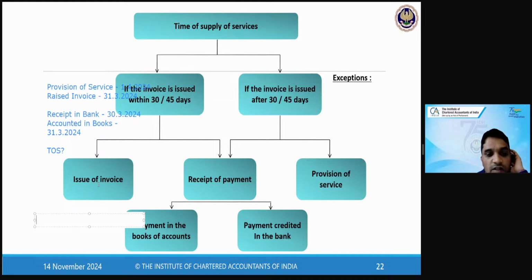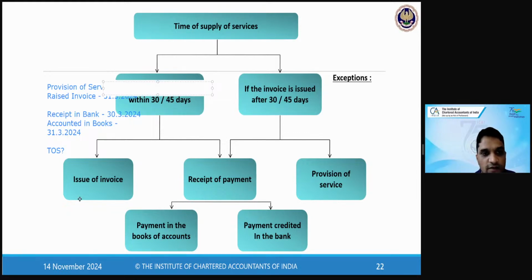So first we have to see whether invoice was raised. Yes, invoice was raised on 31st March. Provision of service happened on the 1st of April. Even though provision of services happened on the 1st of April, I have raised the invoice in advance, within 30 days of the provision of service or before that also. So I can raise it before also. So I've raised it before, which is on 31st of March itself.